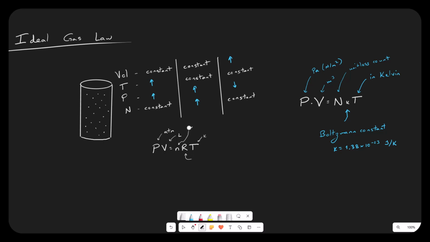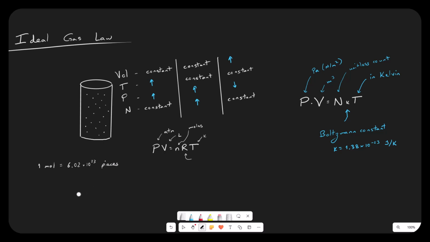The n value is in moles, where 1 mole equals 6.02 times 10 to the 23rd pieces.